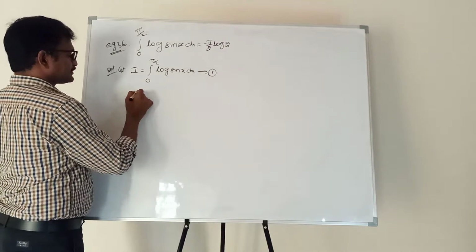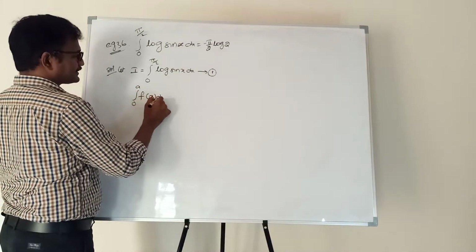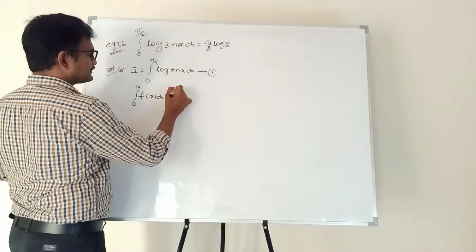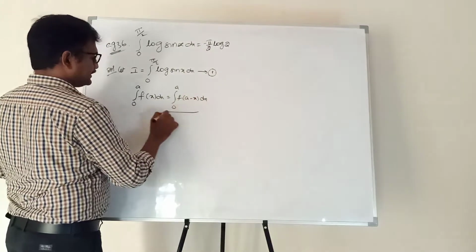Next, according to the property, integration of 0 to a f of x dx is equal to integration of 0 to a f of a minus x dx.